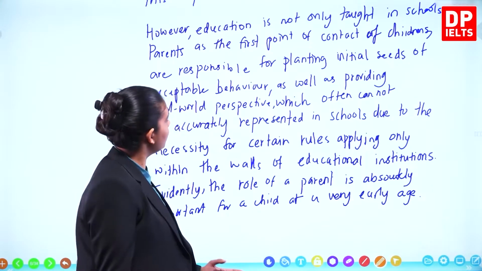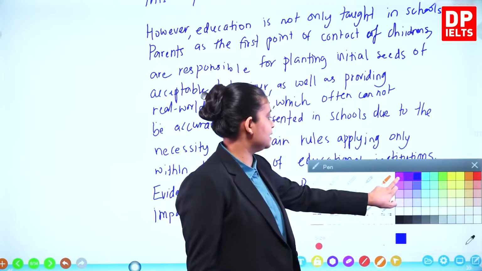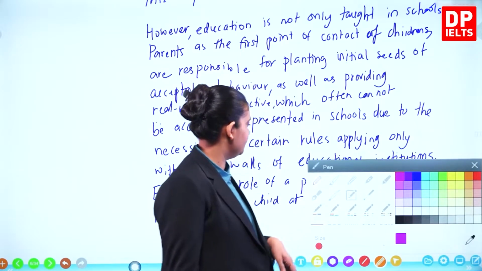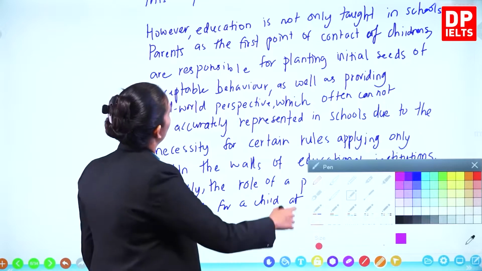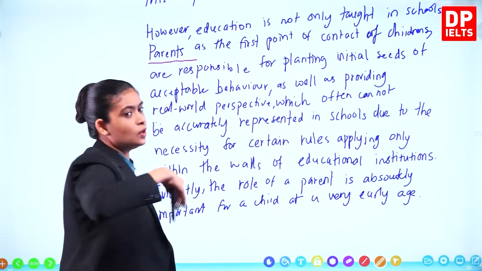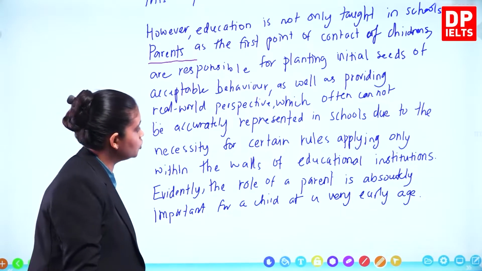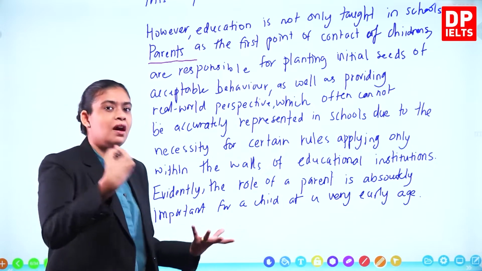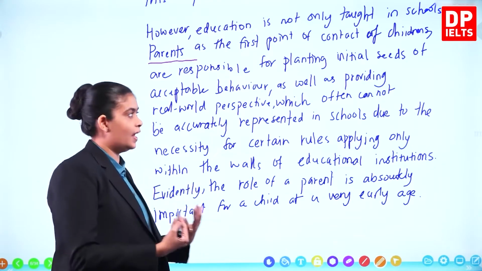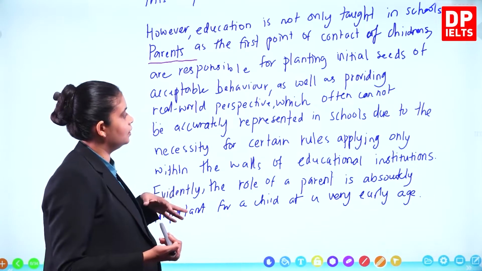Okay, so what in the second paragraph I've outlined is how it is for parents. It talks about how parents are the first focal point of a child and how they plant these values and behaviors in their kids.